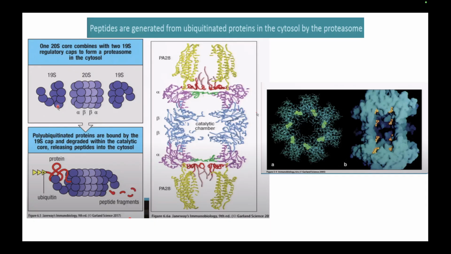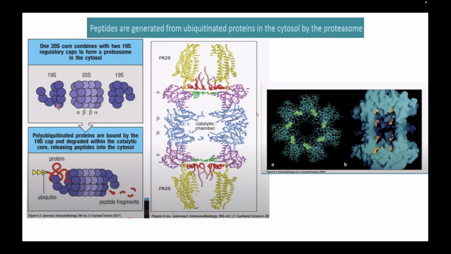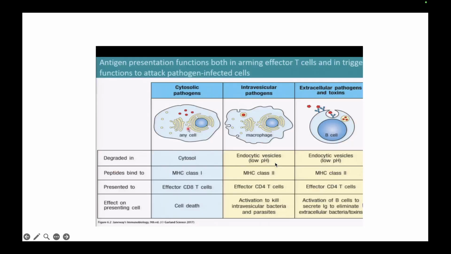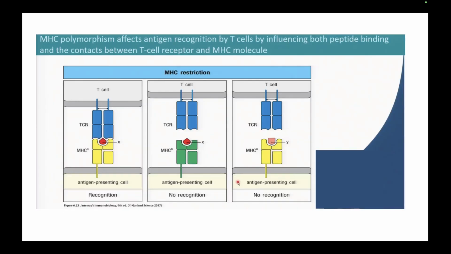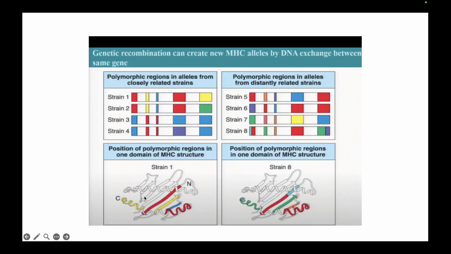Okay, so the peptides are generated from the ubiquitinated proteins in the cytosol by the proteasome. So not the full protein is presented on the MHC surface. As we have seen in the MHC structure, there is a cleft.